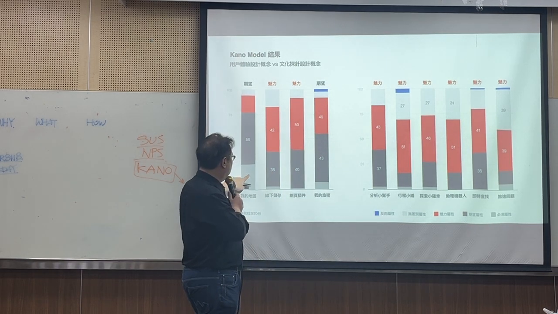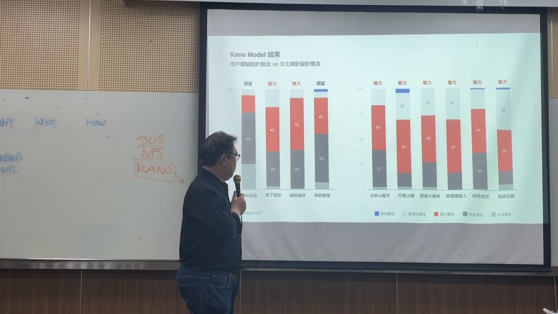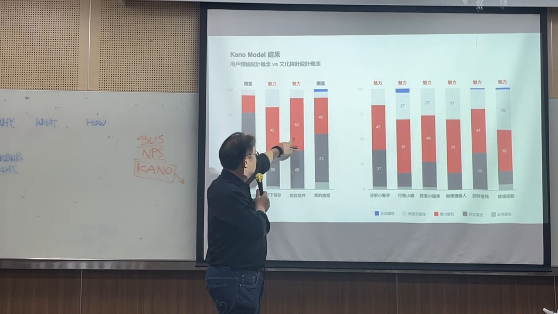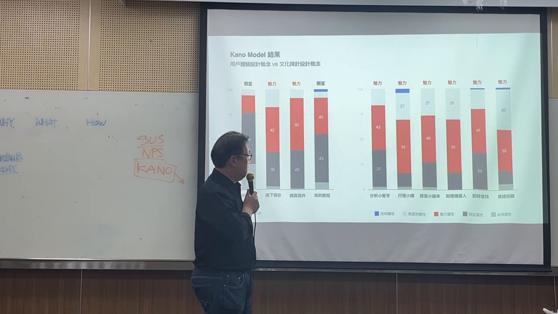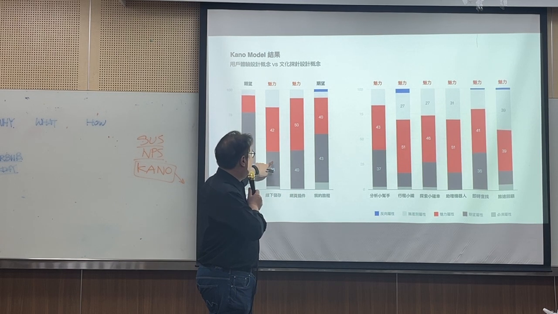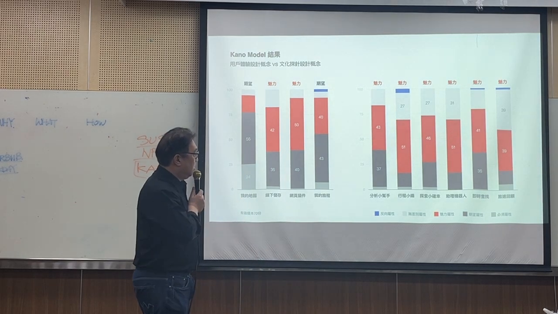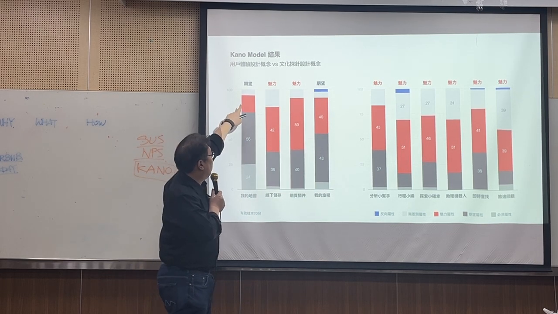Indifference means this doesn't affect people's liking. Attractive is this reddish color. Expected is the one-dimensional. One-dimensional is the black one, and must-be is the basic function one. So must-be is the bottom one, right? Indifference is the top one.